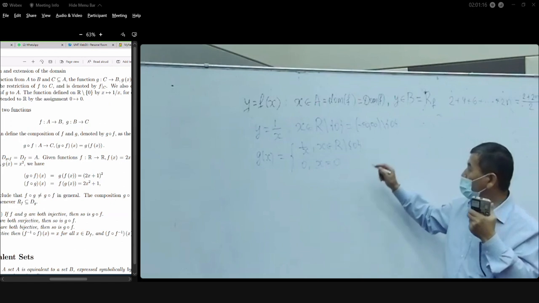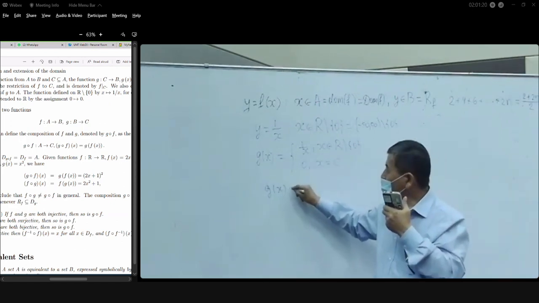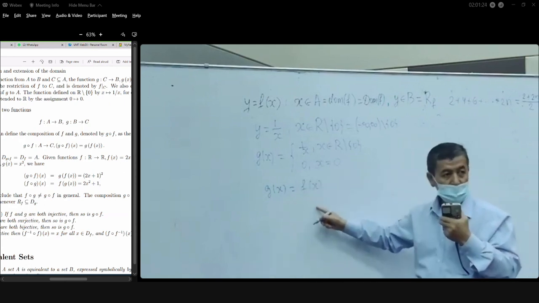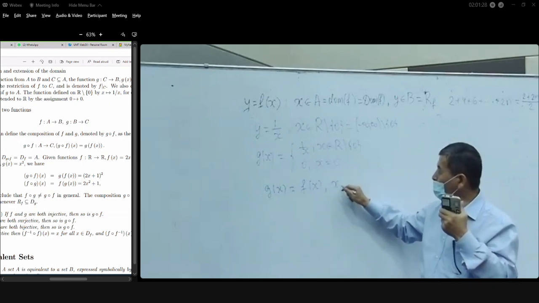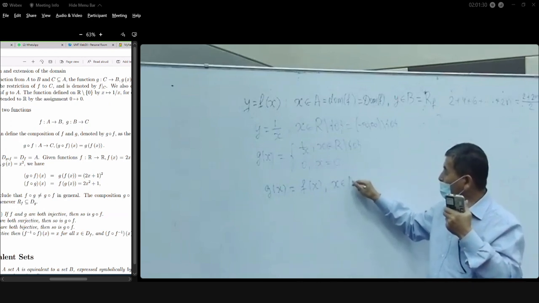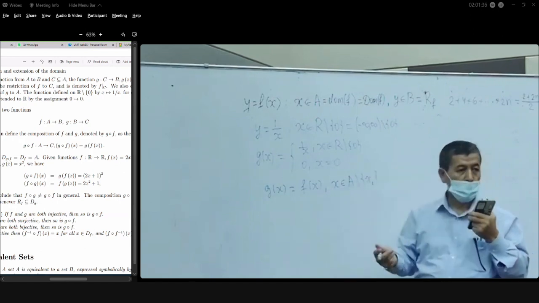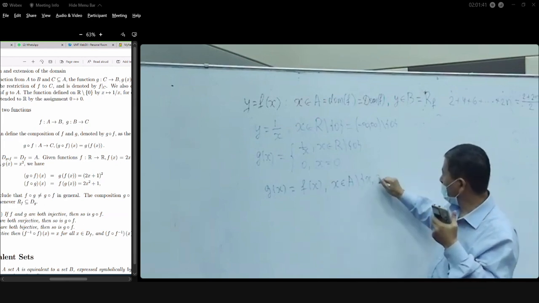So actually, in other words, I can say the extension function coincides with the function f almost everywhere. Almost everywhere, for all x in A except some points. Finite points, x1, x2.